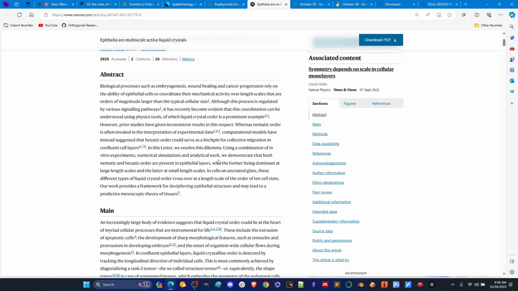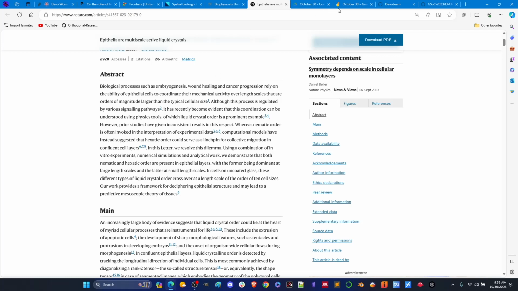So in this letter, we've resolved the dilemma using a combination of in vitro experiments, numerical simulations, and analytical work. We demonstrate that both nematic and hexatic order are present in epithelial layers, with the former being dominant at large length scales, and the latter at small length scales.